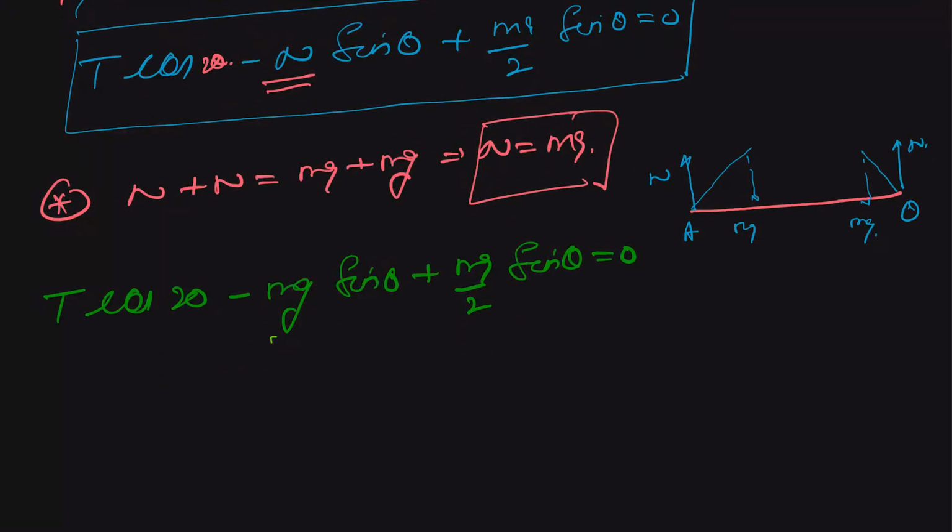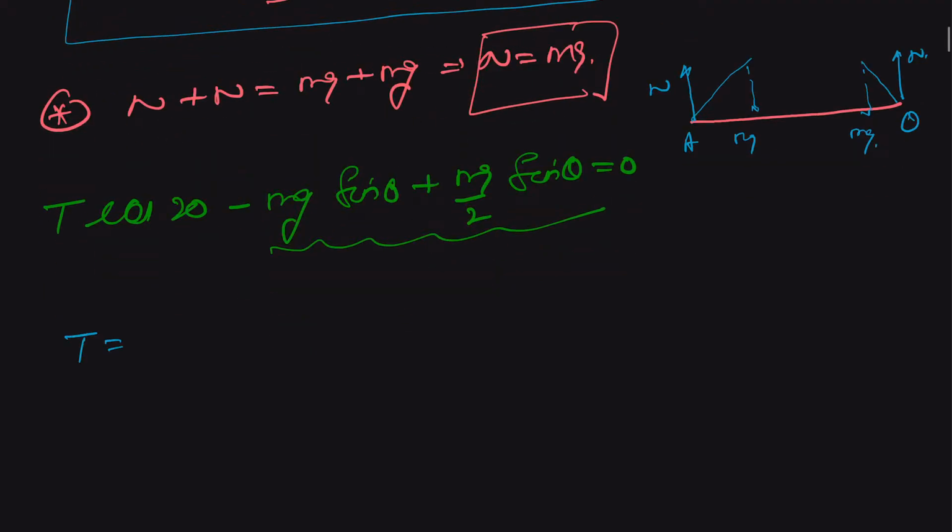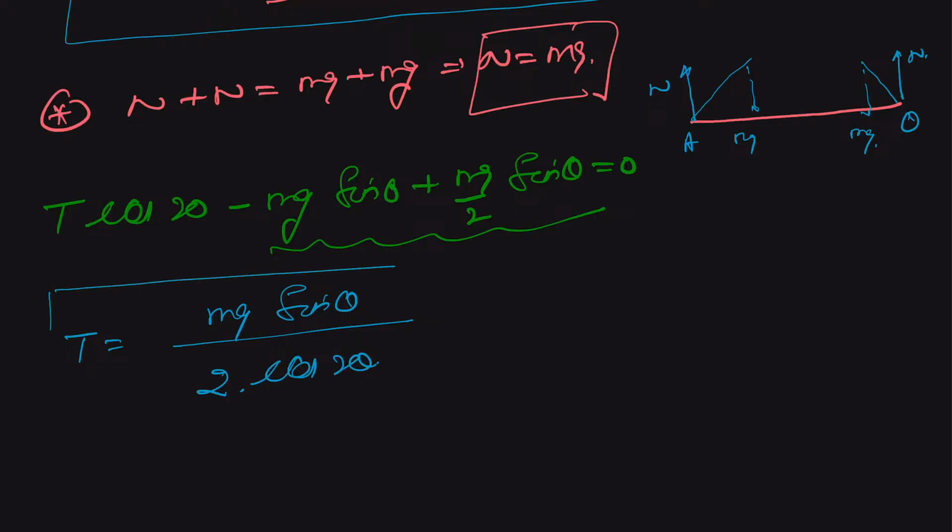And we can combine this part and solve it for T. Therefore T is equal to mg sine of theta by 2 cos 2 theta in the denominator. So this is our tension in the string.